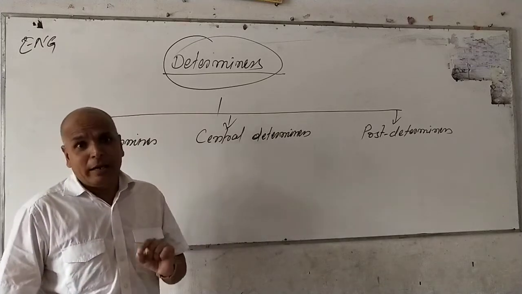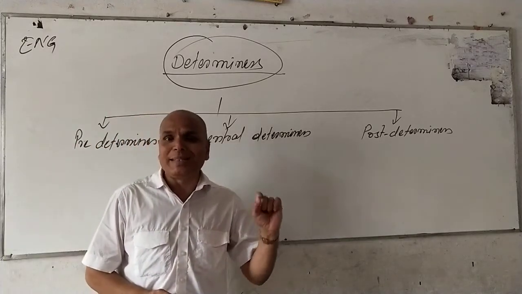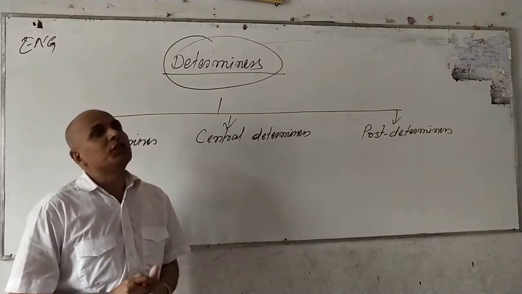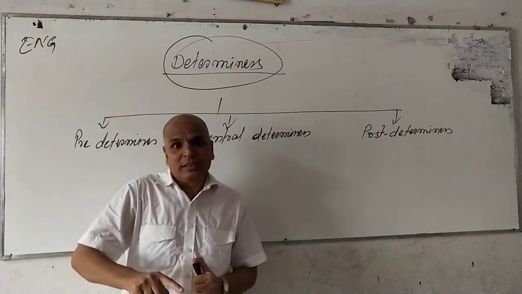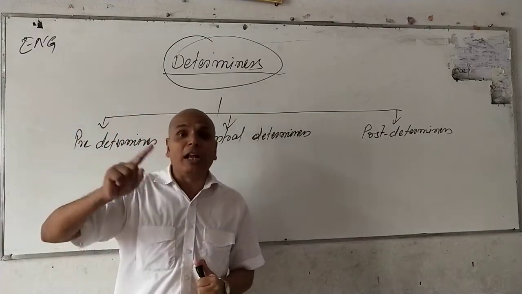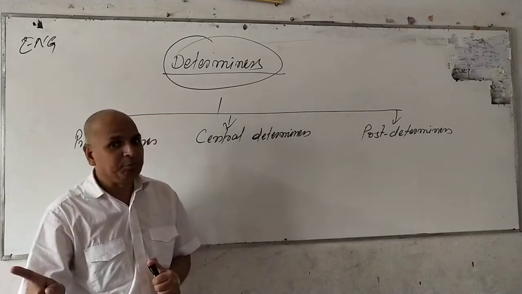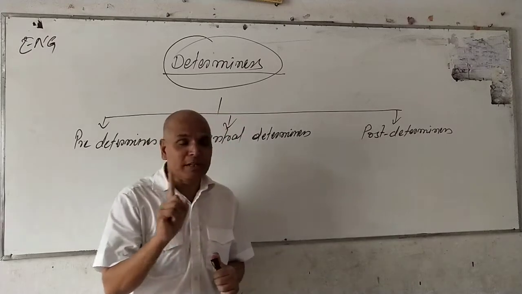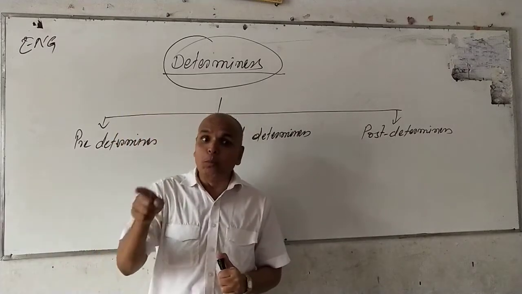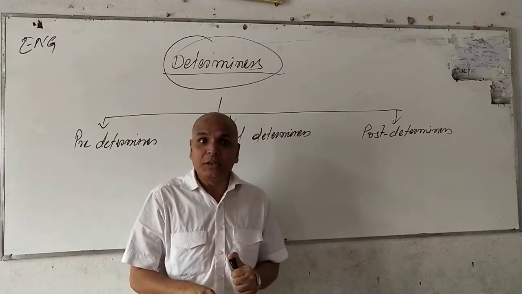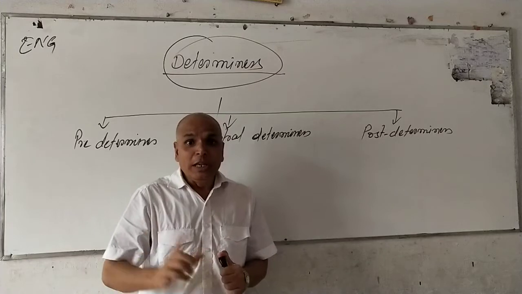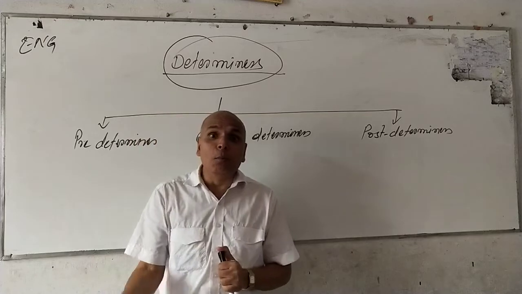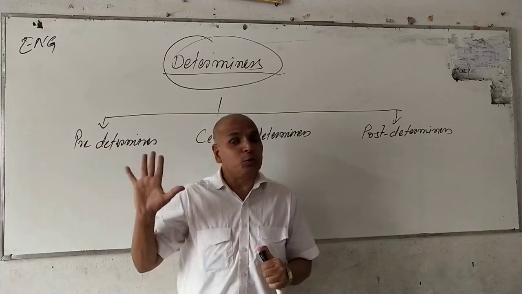In video 1, while creating the contrast between adjective and determiner, I already told you one contrast. One or more determiners can be used before a noun at a time, but adjective can be used only one. This is the contrast between adjective and determiner. At the same time, a question arises: how many determiners can be used before a noun?